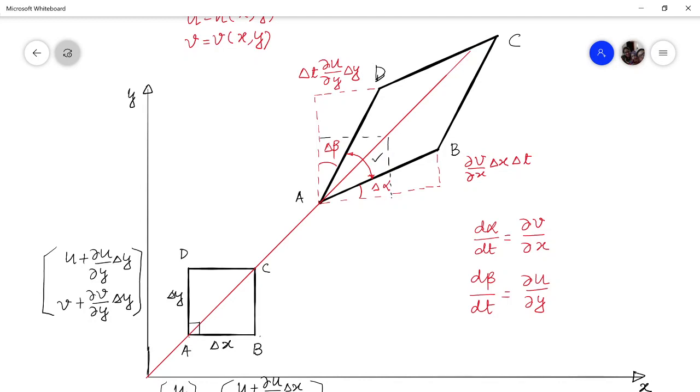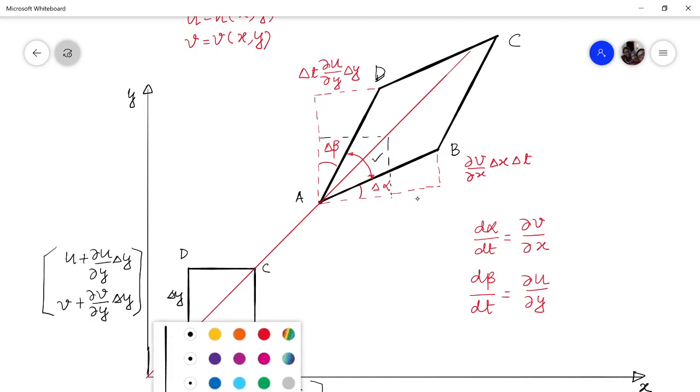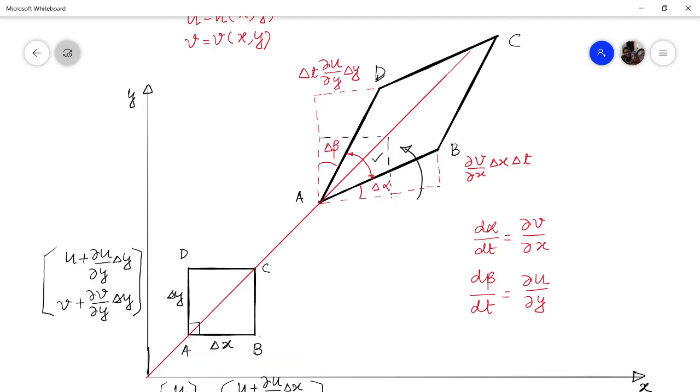Now, if you look at this further, this point B with respect to A is having an angular velocity in this direction, that is given by d alpha by dt. Whereas the point D with respect to A is having an angular velocity in this direction, which is d beta by dt.